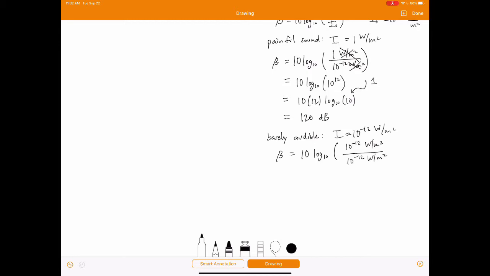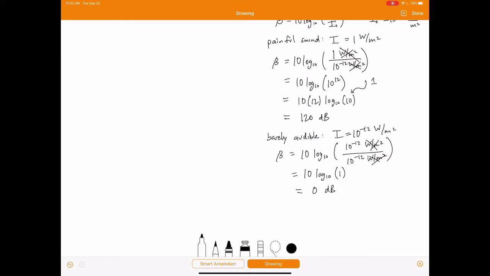So that's just 10 times the log base 10 of 1, right? Well, log base 10 of 1 is 0, so this would be 0 decibels.